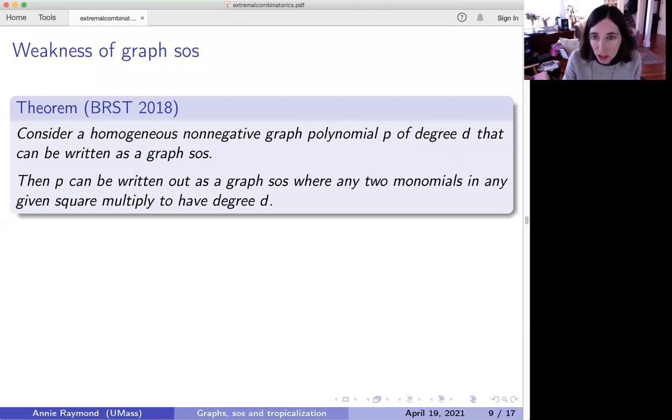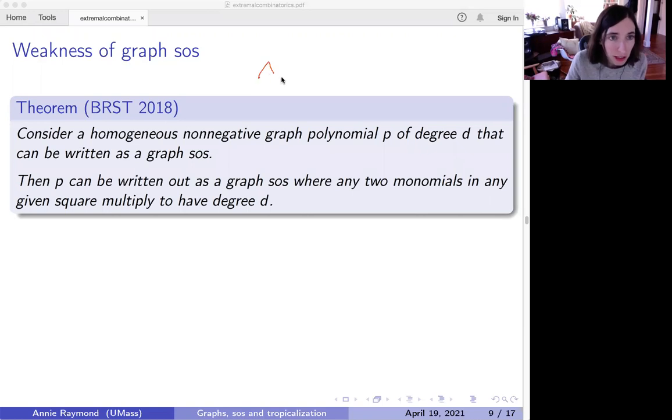So maybe I just draw a little example. So for example, if I could have this guy minus this guy within the same square, because if I take the square of this guy, I get a star.